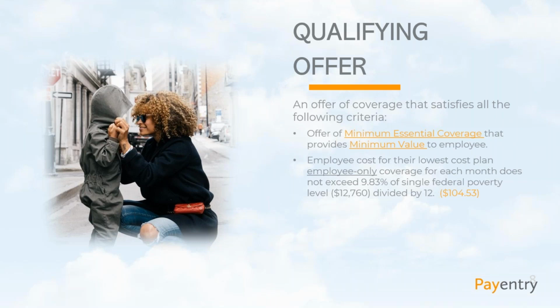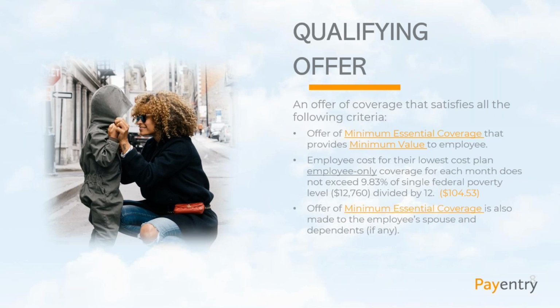So bottom line, if your health plan on a monthly basis costs any employee more than $104.53 a month, regardless of what kind of coverage they elect, some people elect family coverage, this doesn't care about that. It's just looking at what is the lowest deduction that you have for health insurance for employees. And that's what it's honing in on. This is a critical piece of this qualifying offer.